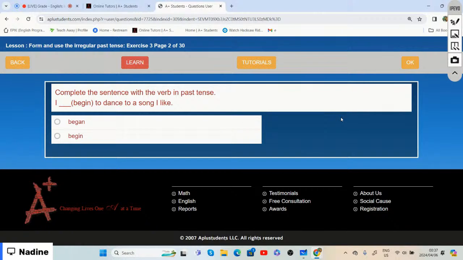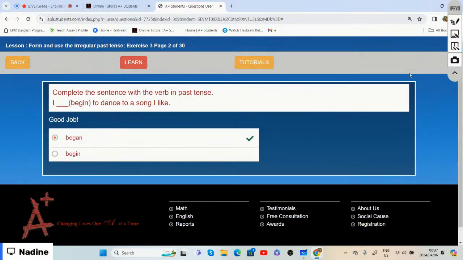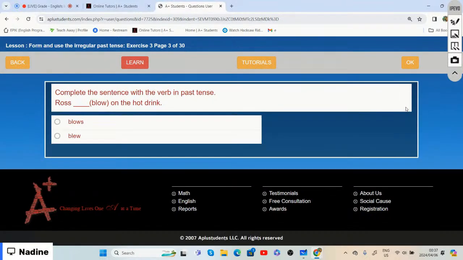So we can say I began. And began is the past tense irregular form of begin. Well done.